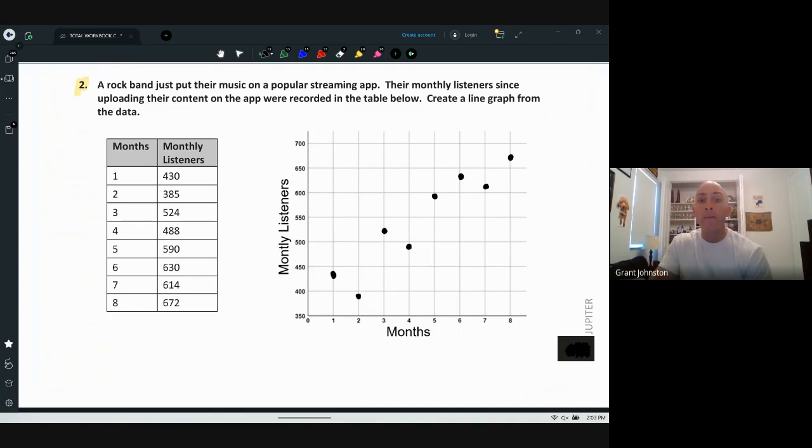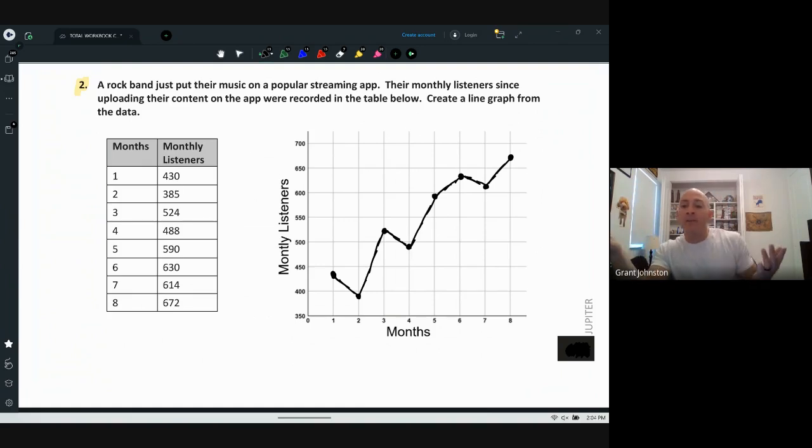So if we're trying to see the trend of the data in terms of how they've grown with their monthly listeners, it makes sense to connect these points. This is a line graph. Because now we can really see how it's changed over time with this rock band. It went down, then up, and down, then up again, a little bit down, and then up again.